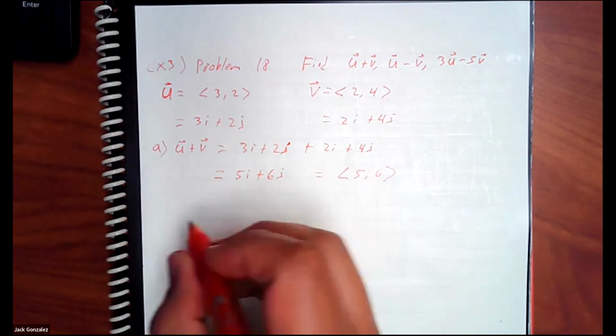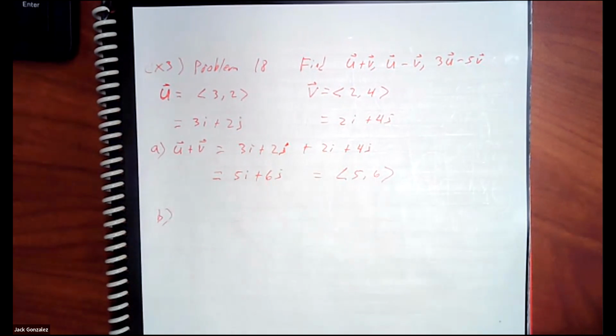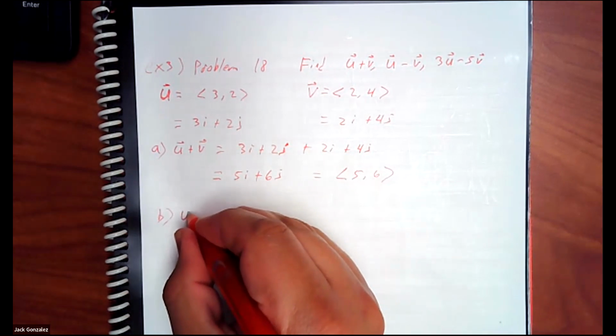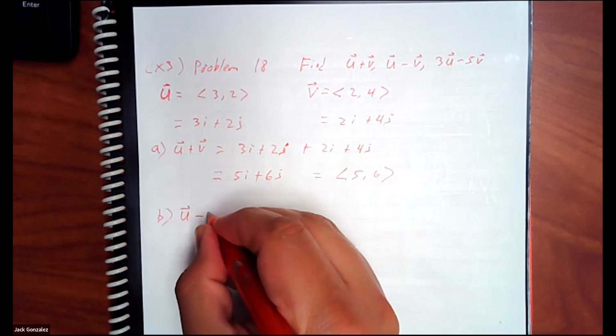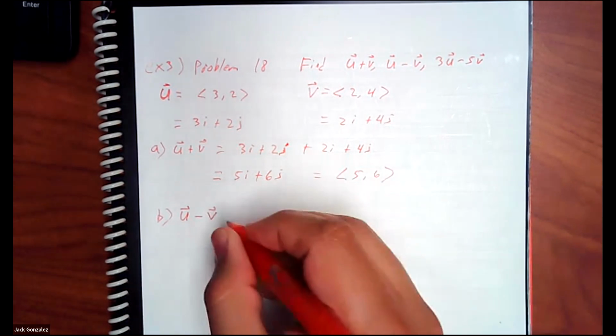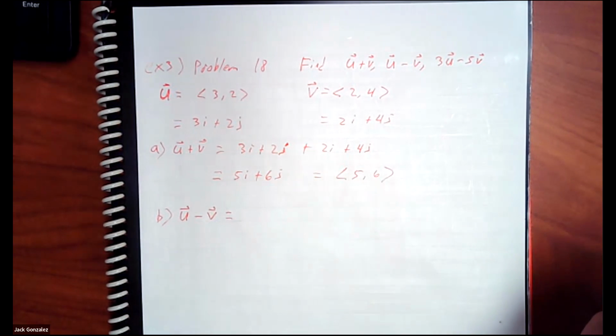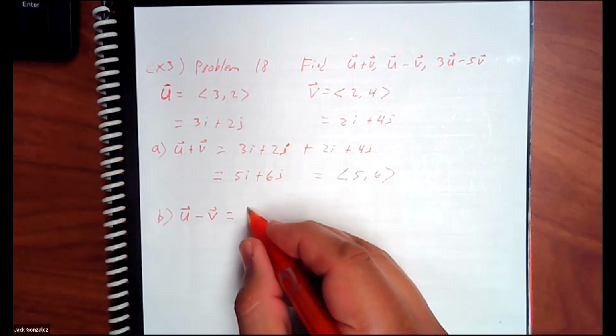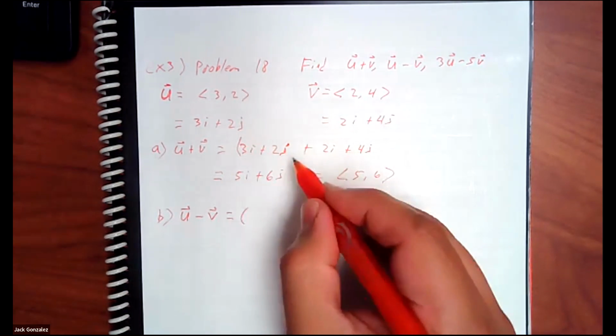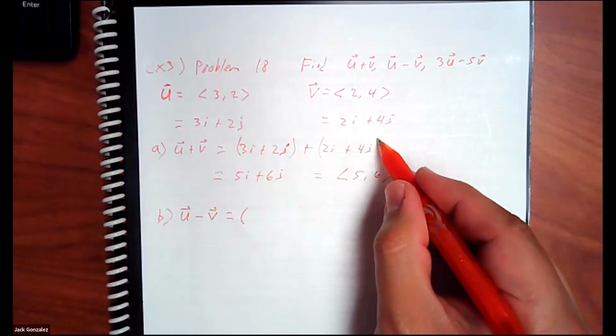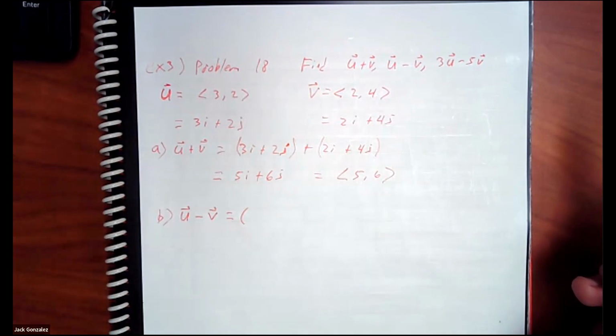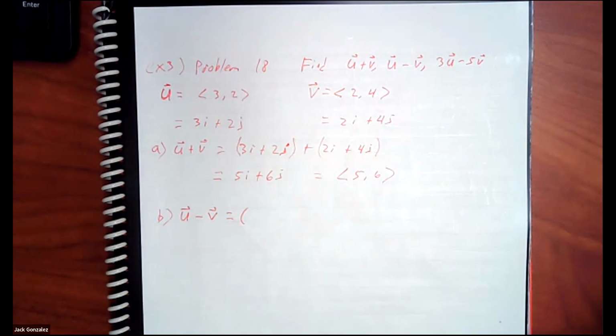B. I'm going to put each vector in parentheses, even though they don't really do anything, at least not in this example. Just so you know, this was the u and the v.